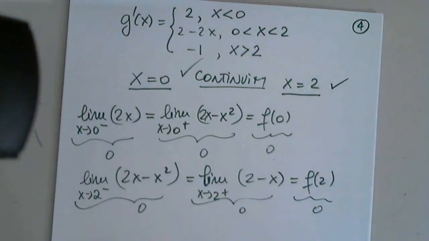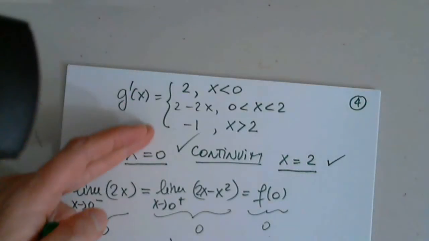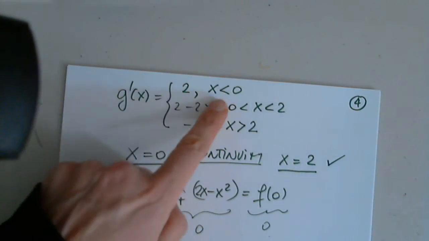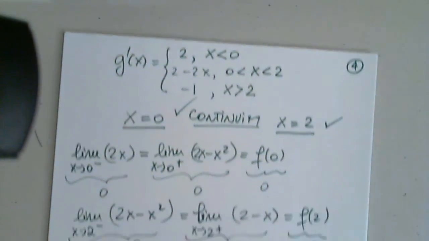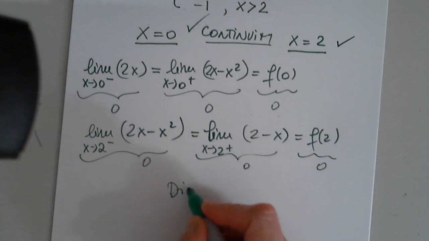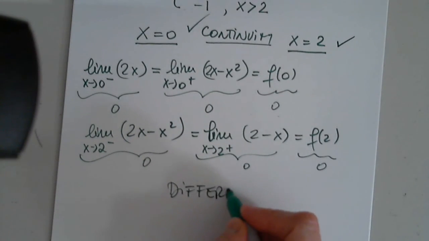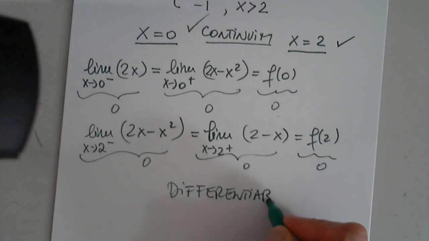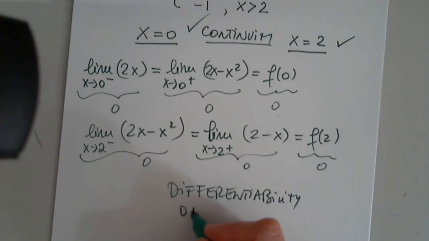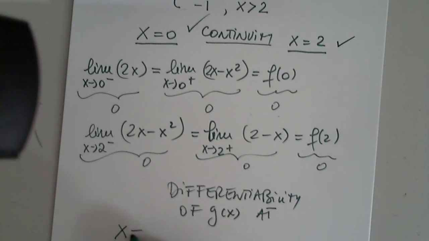I'll say check. Now I created the derivative, and now I have to check differentiability at 0 and 2. So now differentiability of g of x at x equals 0 and x equals 2.